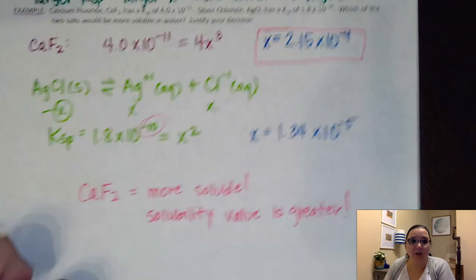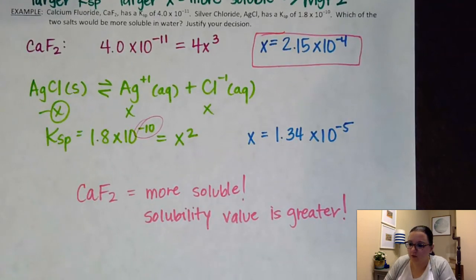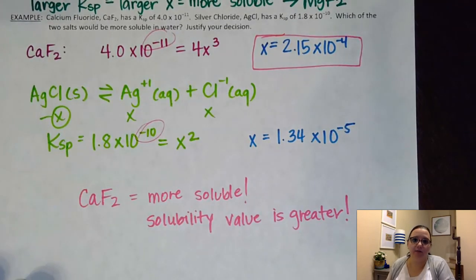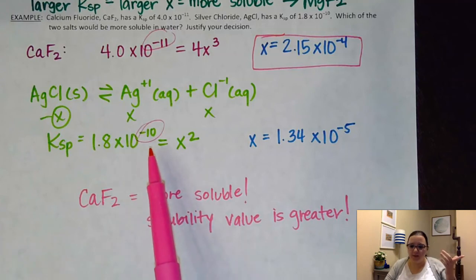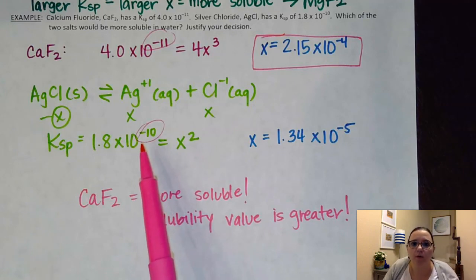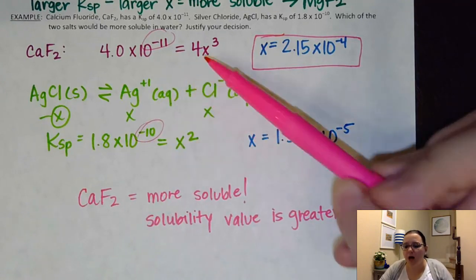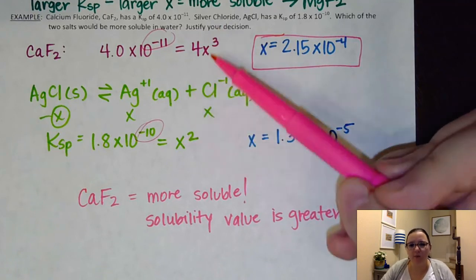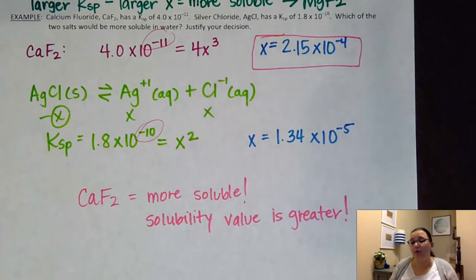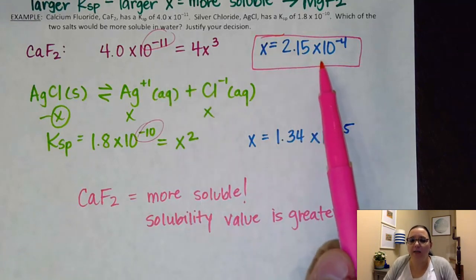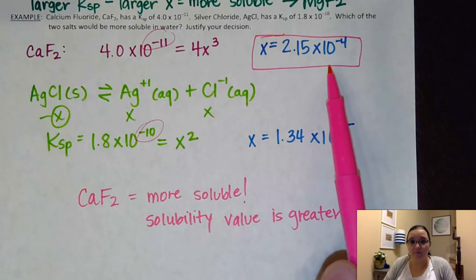This actually had a larger KSP value than CaF2, which might tempt you to think, oh, larger KSP means it's going to make more product, and therefore it's more soluble. But because the ion ratios weren't the same, when I actually calculate X, the amount of solubility, I found that this other one gives a larger solubility value.